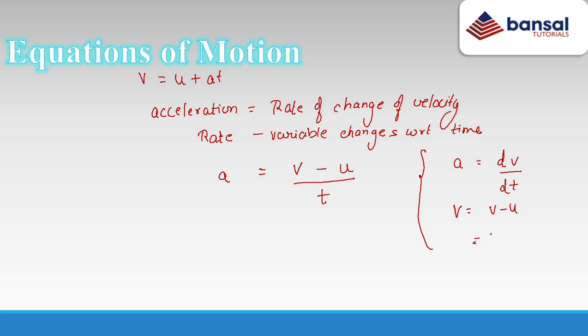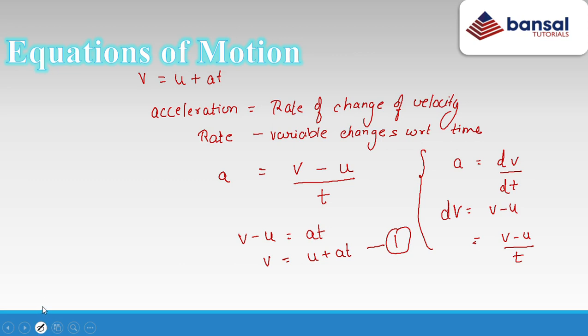So we keep it here, and it becomes v minus u upon t. Now taking t to this side, it becomes v minus u is equal to at, and v is equal to u plus at. So we have derived the first equation of motion. If any problem, you can comment it in the comment box.